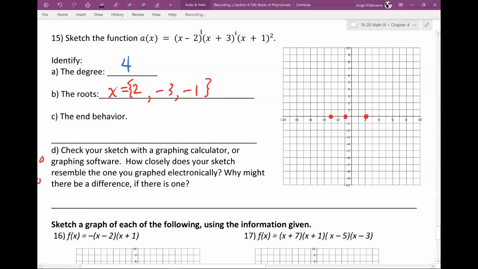All right. So now that we kind of know that, end behavior. Well, this is a power of 4. Now, look at the front of the equation. Is it positive or negative? Look right there. Positive, right? Since it's a power of 4, isn't it supposed to start top left and top right? That's end behavior.